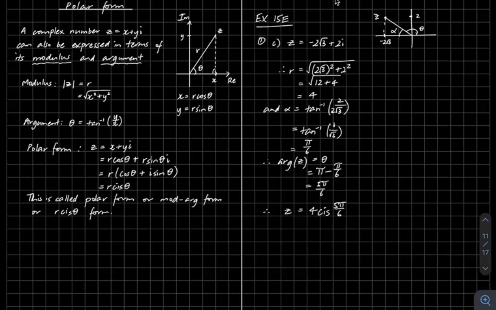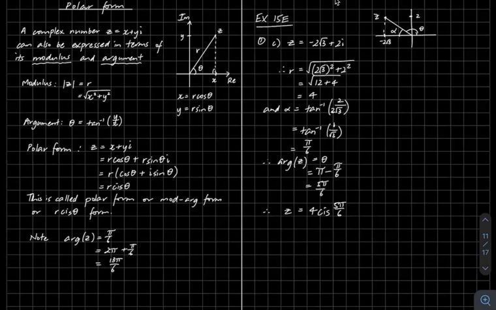So, for example, I could note that if arg z equals pi on 6 would be one possible thing, that would also be equal to, if I went 2 pi plus pi on 6, which would be 13 pi on 6, because they are coterminal angles. So pi on 6 and 13 pi on 6 are coterminal angles.